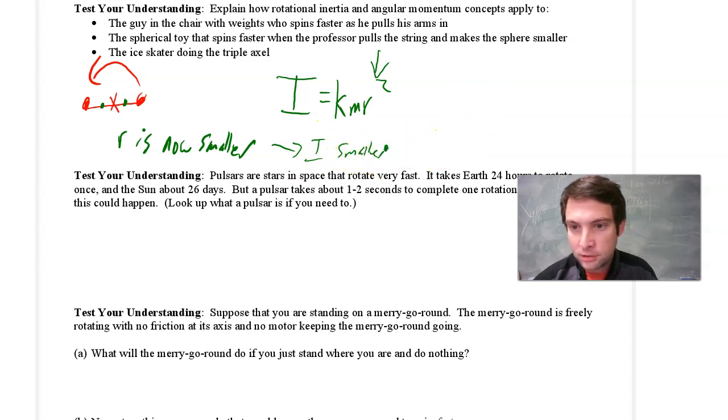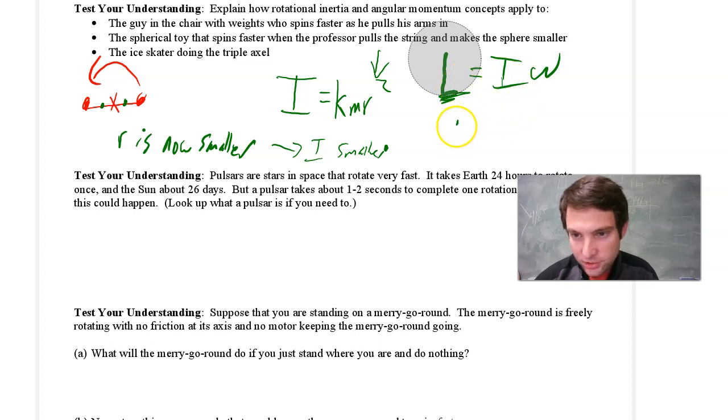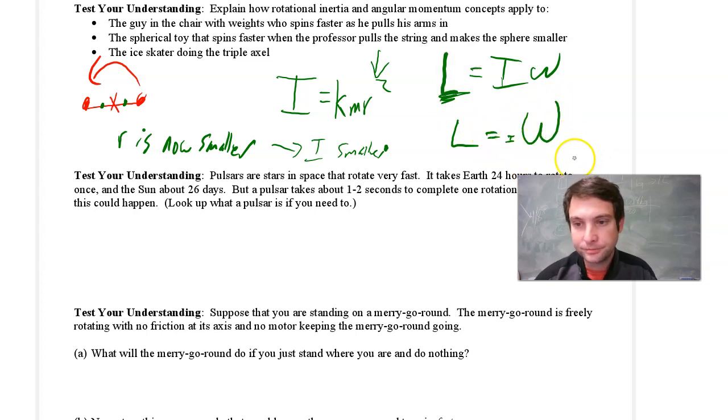If I is smaller, then you have a constant angular momentum. If I gets smaller, what must happen to your angular velocity? It's got to get bigger.